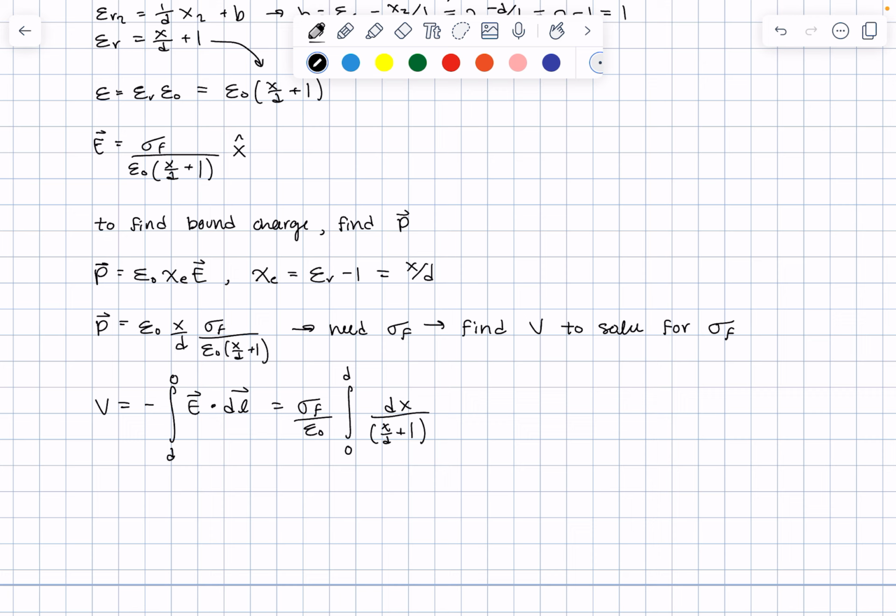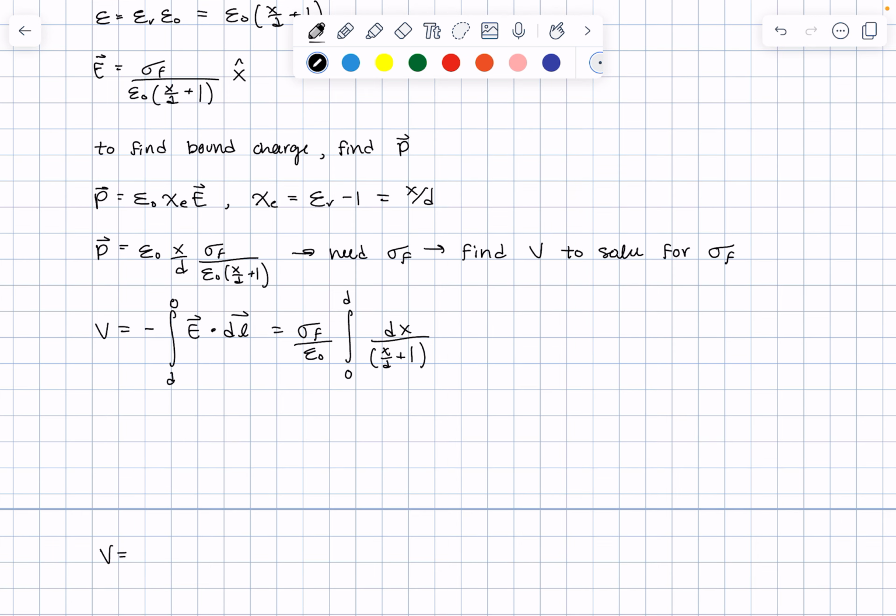And so we plug everything in. We'll want to do our u substitution just to take care of this, so we can let u be equal to x over d plus 1, so then our du will be equal to dx over d. And then just quickly, we can bring out our d, du over u will be equal to d ln of u.